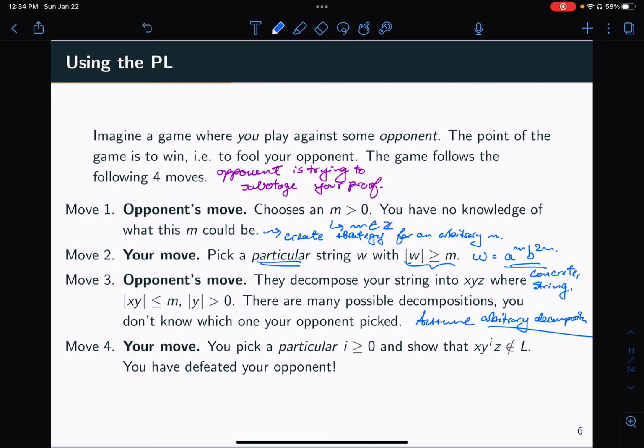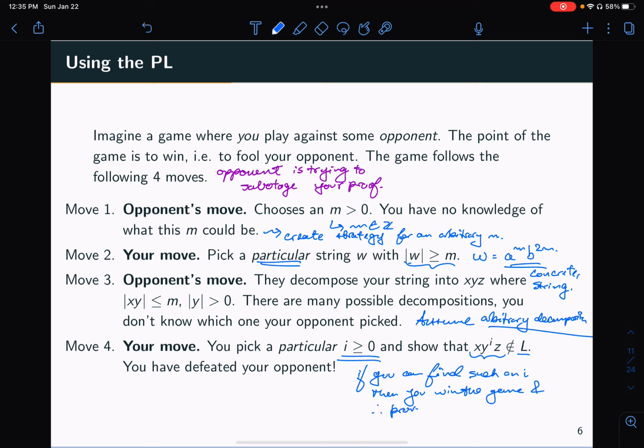Your move has to assume an arbitrary decomposition, and at that point, you have to pick a particular I for which, when you pump the string with I, that string is no longer in L. If you can find such an I, then you win the game, and by extension, therefore prove L to be non-regular. Okay, that's the idea.